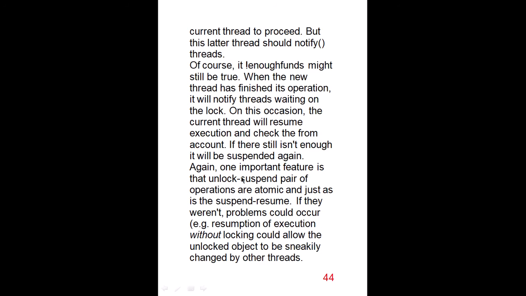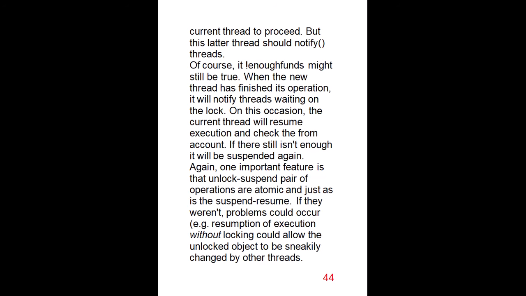Just read through this and have a little think about this. I haven't been terribly precise in the way I've described a thread gaining a lock when it executes some synchronized code, or after it's executed some synchronized code, it automatically releases the lock on that code.